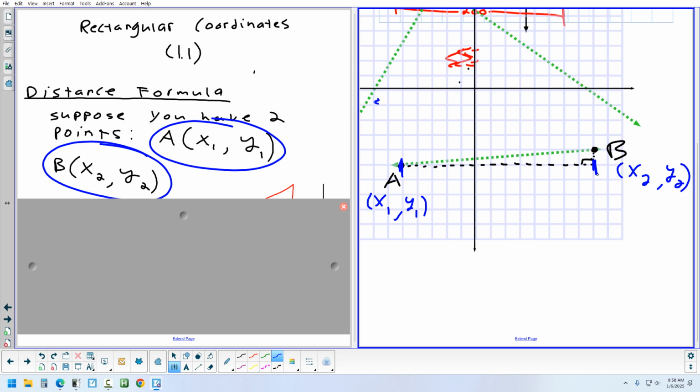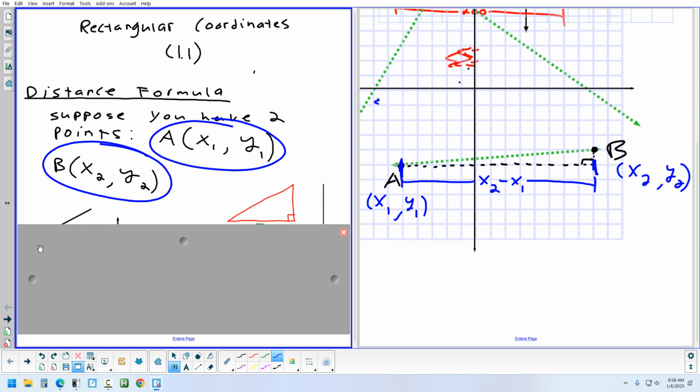Yeah, you would use subtraction. If you took x2 and subtracted x1, that would tell you how long it is from there to there. So if x2 was like 7, and x1 was, I don't know, -5, then 7 minus -5 would give you the distance between those 2 points. So you find the difference between your two x's.